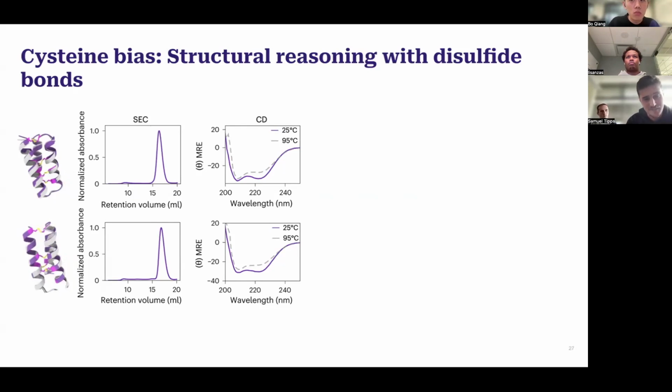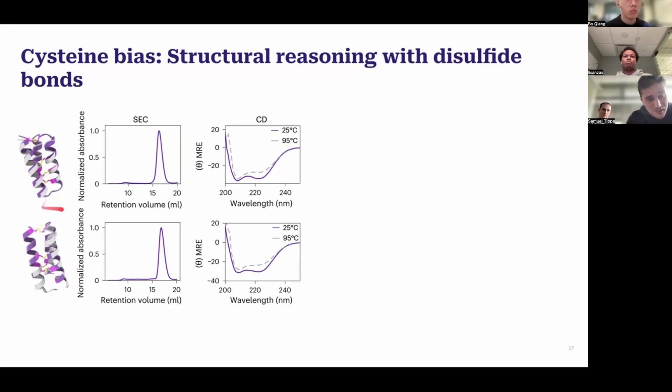Because if a cysteine isn't paired and forming a disulfide bond, it's likely to be forming disulfide bonds with neighboring cysteine proteins, which causes all sorts of problems with expression and aggregation and stability. So it's really critical for ProteinGenerator to be able to see that there are other cysteines in the protein and design a sequence and structure that will form these disulfide bonds.